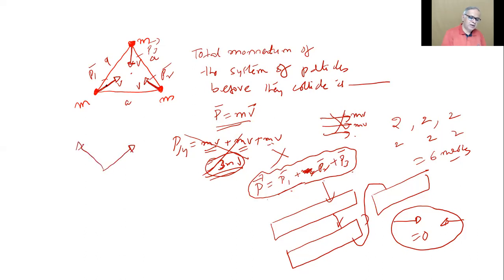Vectors can move parallel. This is moved this way, this is moved this way, so that the tails join. So I'll get one parallelogram, isn't it? So the resultant of this P1 and P2, I should find out. What is this angle, children? This angle.